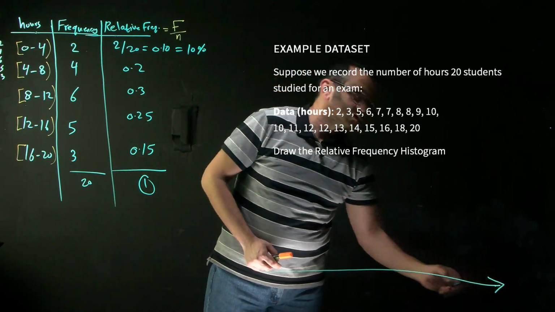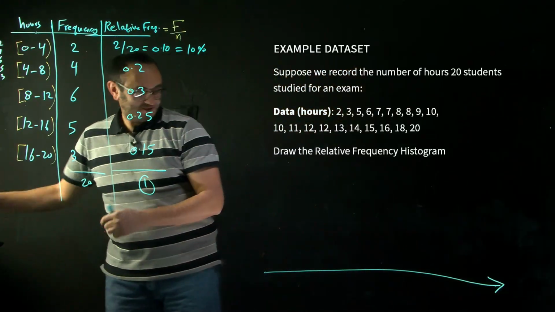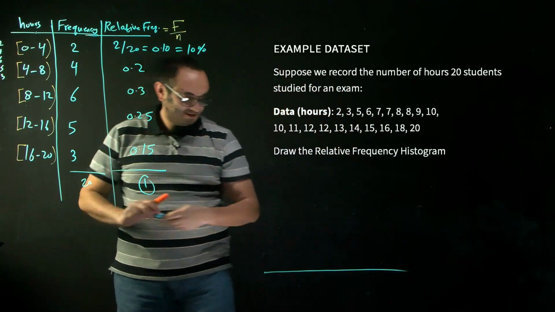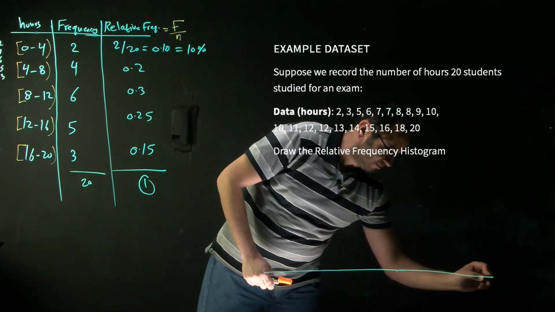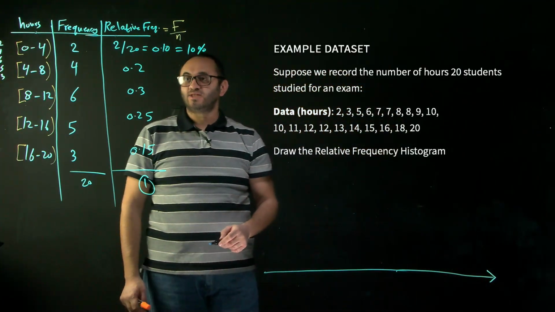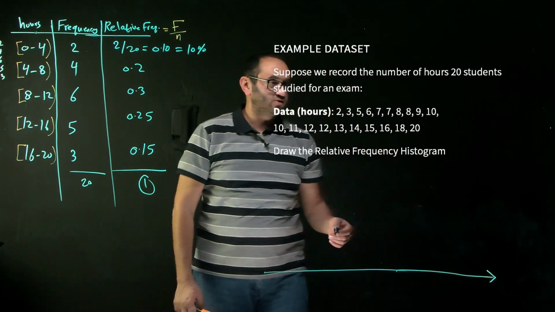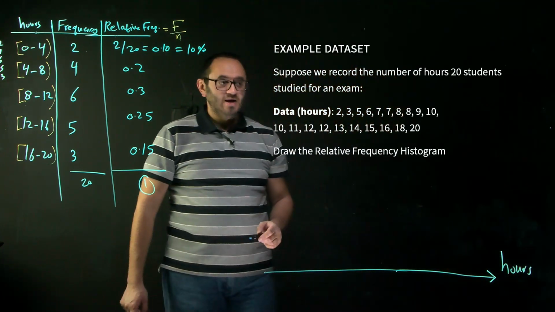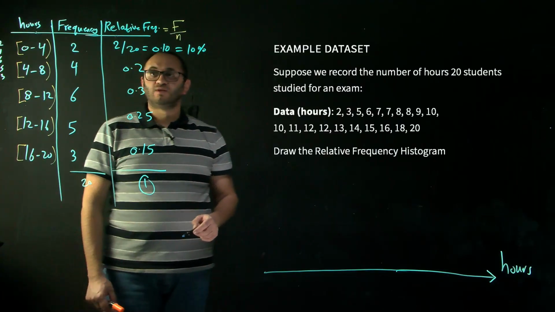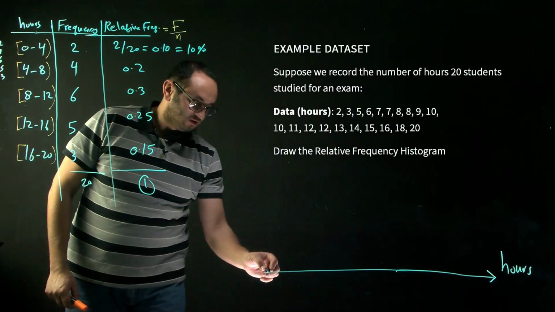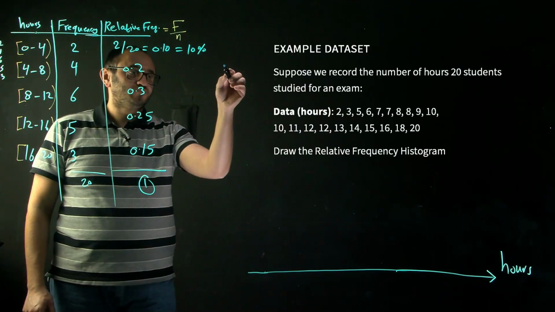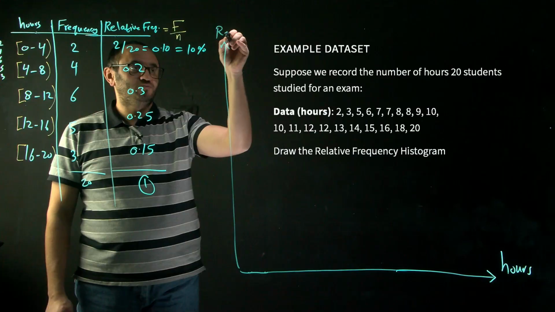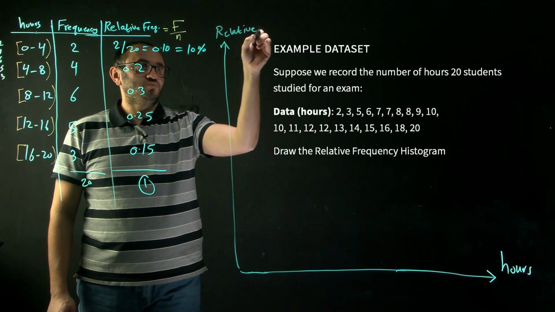Anyway, this is the x-axis, which is hours, and the y-axis is the relative frequency.